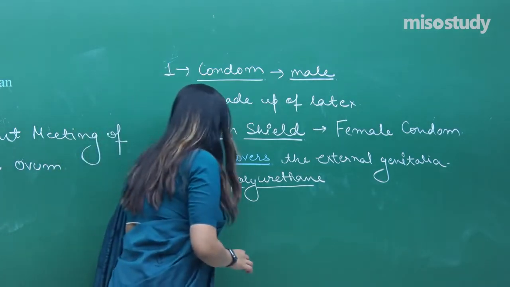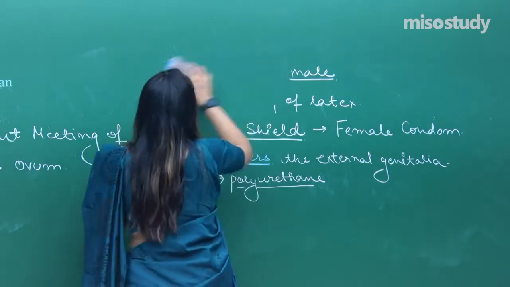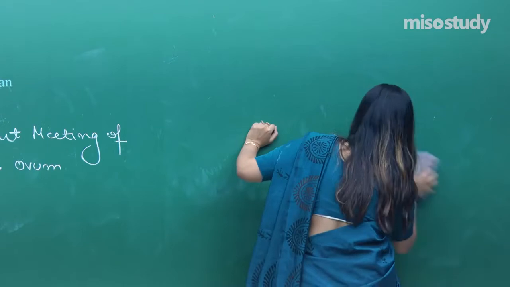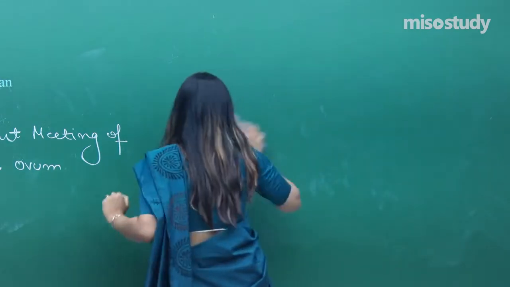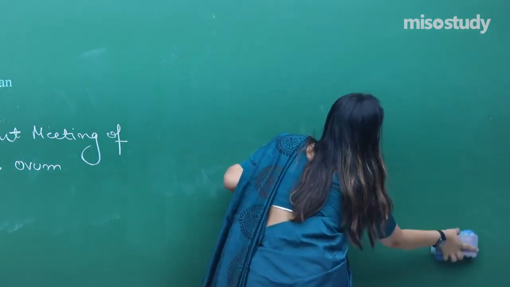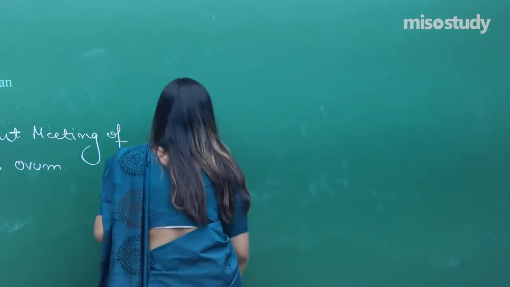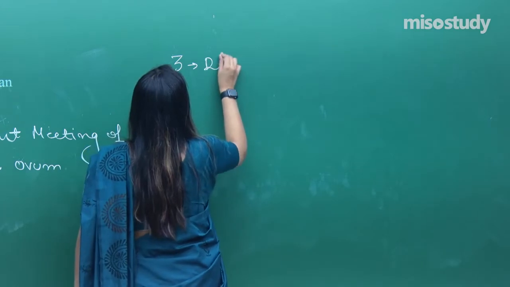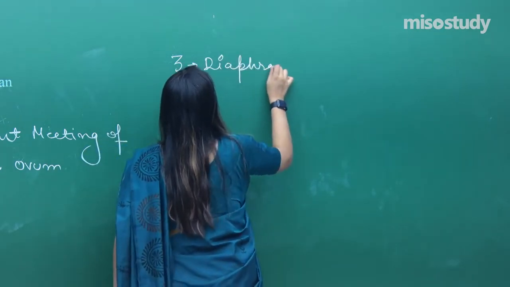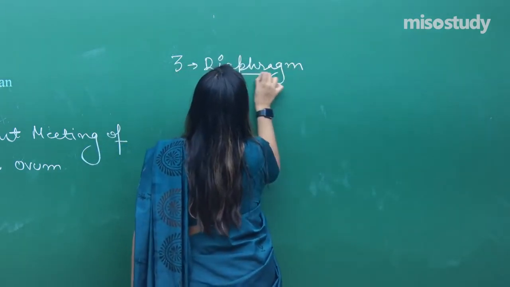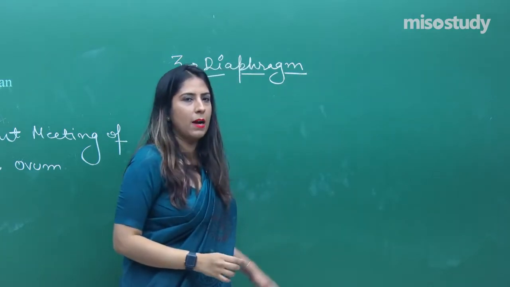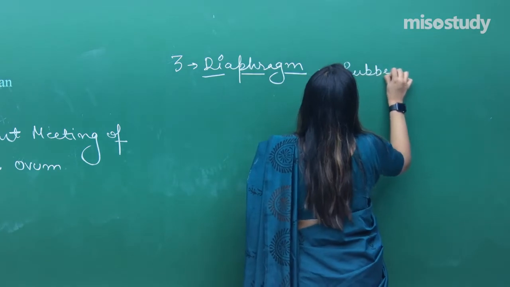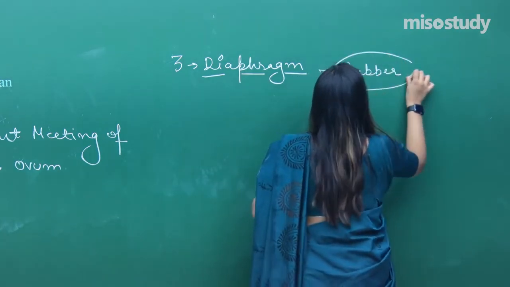There are so many other methods also, like the diaphragm. Except condoms, all are used by females, right? The fem shield, which is also called a female condom. The third we have is a diaphragm. It is made up of rubber.